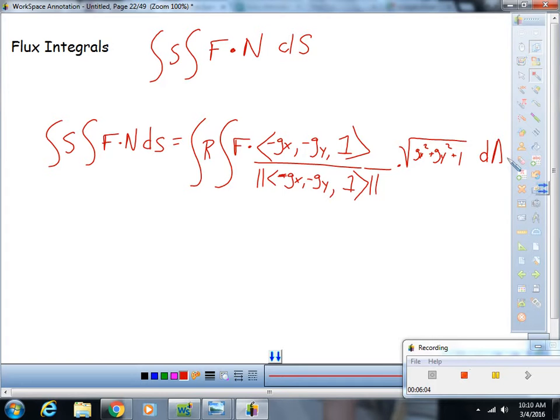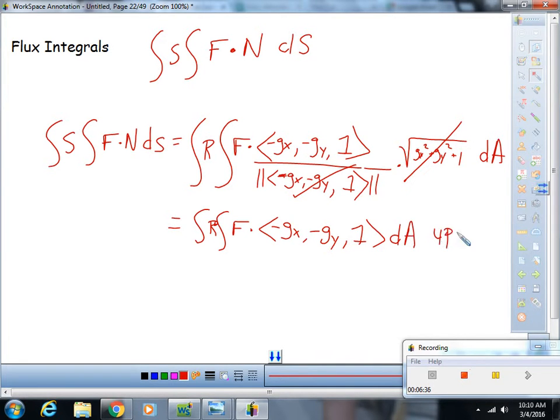Now, what is this thing down here? It's the same as that. So these cancel, and so what you really are left with is the area over the region of F dot the partial derivative with respect to x, partial derivative with respect to y, positive 1, dA.